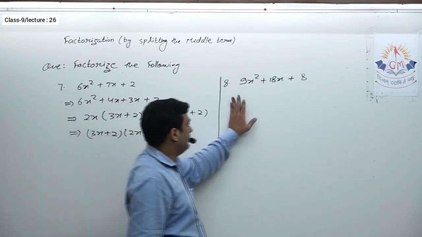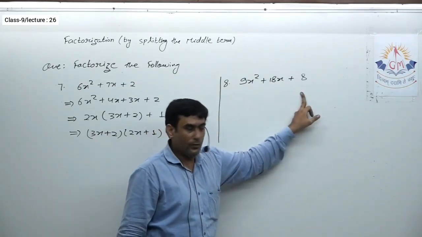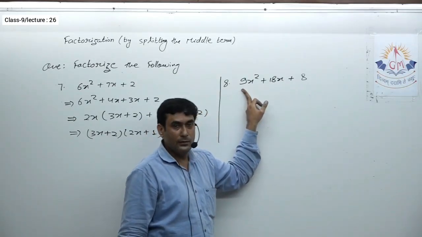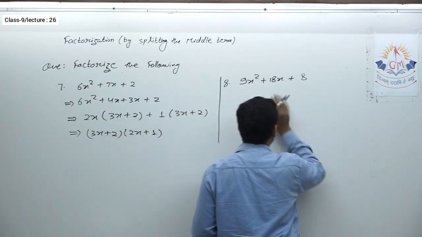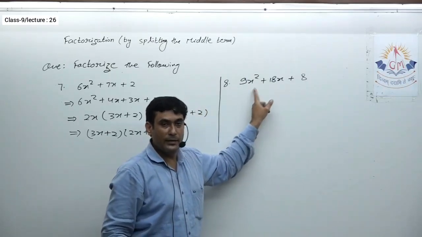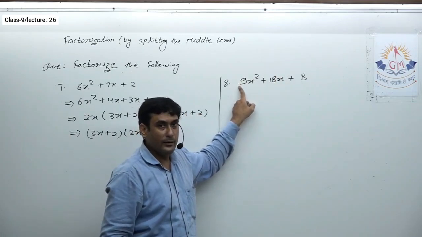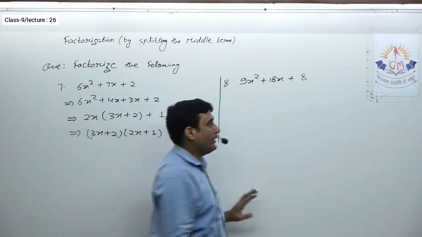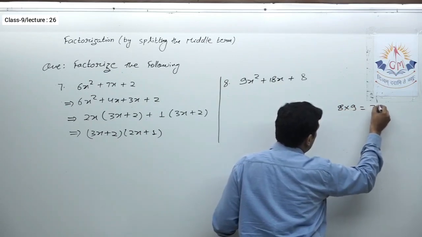Over here definitely it is in the standard form, as well as its first term is positive. So to factorize it, we have to split the middle term. To split the middle term, we have to find the factors of the constant term multiplied by the coefficient of x square, that is 9. So 8 multiplied by 9.